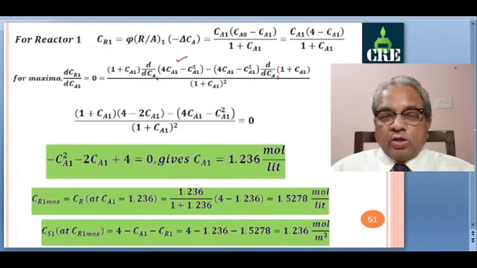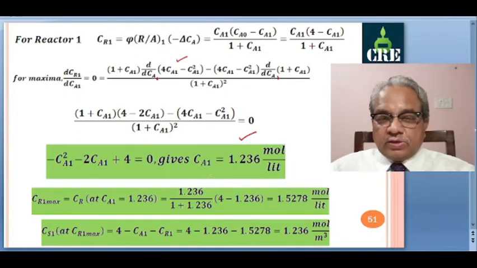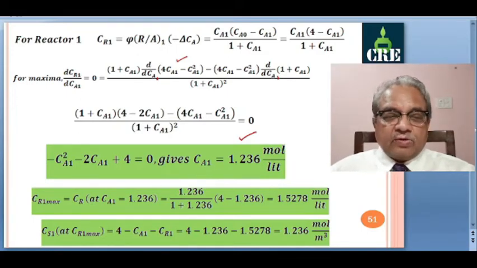If you solve these brackets, you get a quadratic equation: minus Ca1 square minus 2Ca1 plus 4 is equal to 0. You will get two roots, one will be significant, that you have to decide, and the significant root is 1.236 moles per liter. This is Ca1, the concentration of A leaving the first reactor.